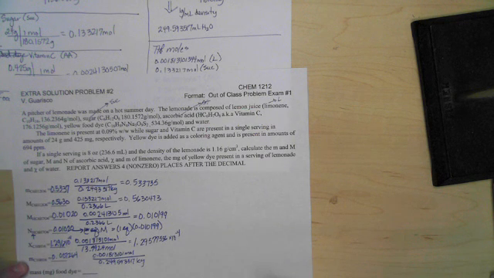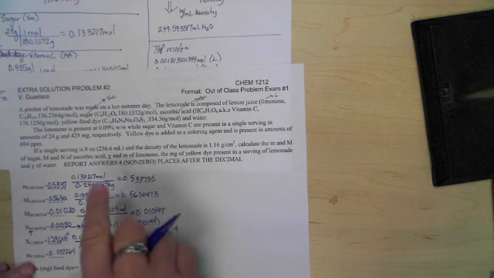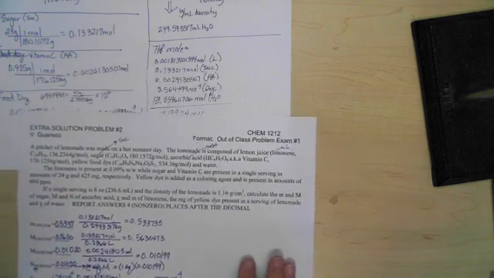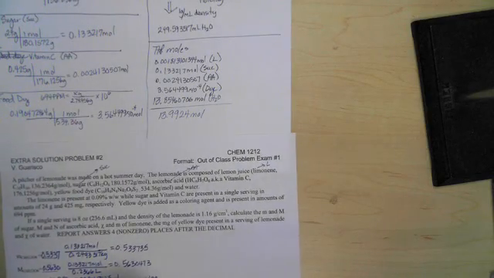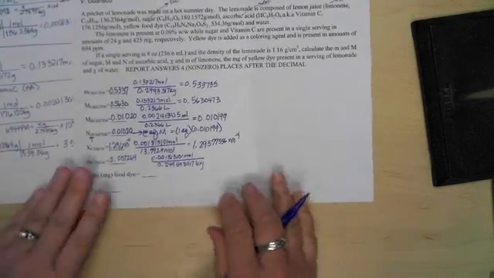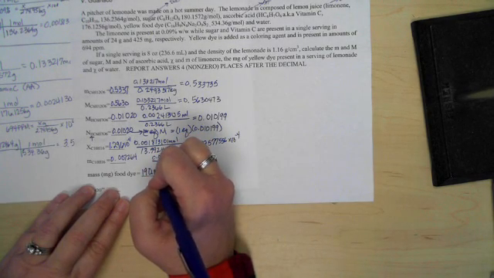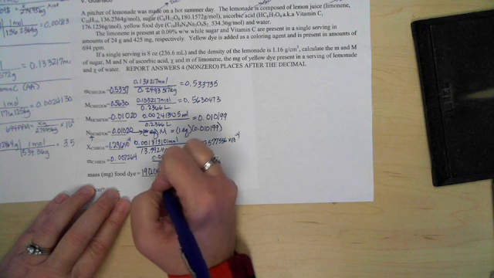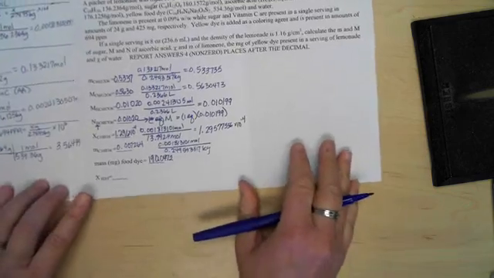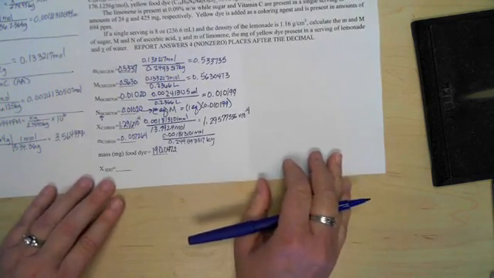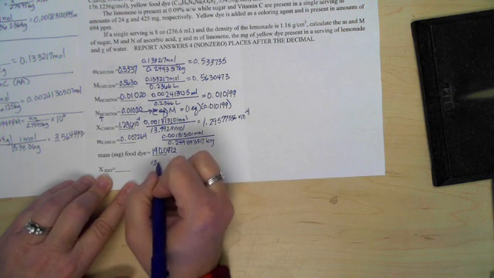There's a 217 after that, but we don't need it. Now the mass in milligrams of the food dye, and that is per serving. So wait, we already did that one. So the food dye we know is that many grams, which makes it, we just move it, so it's 190.0472 milligrams.